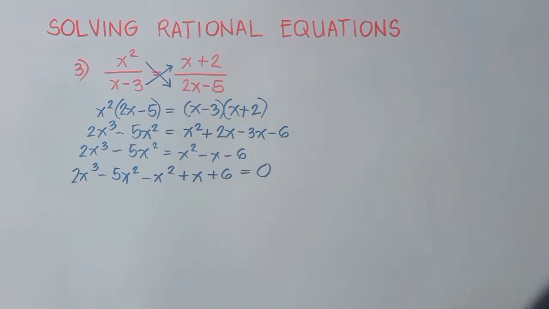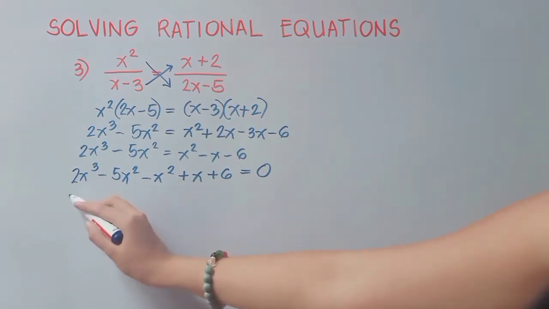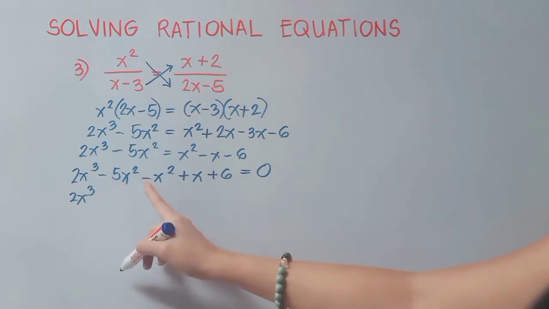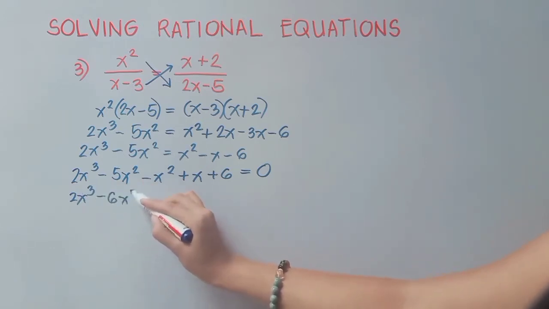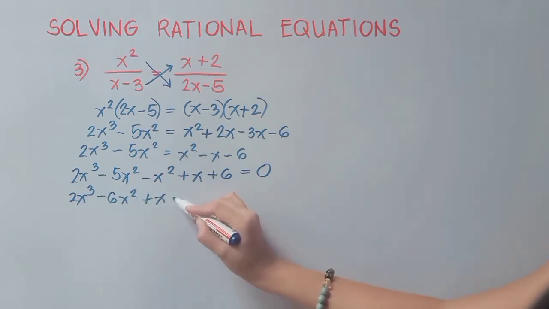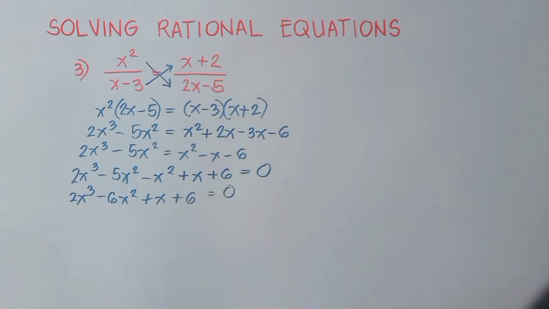Now we can still simplify here the like terms. So we will copy 2x cubed, negative 5x squared minus negative 1x squared. So a total of negative 6x squared. And we will just copy plus x and copy plus 6 is equal to 0.